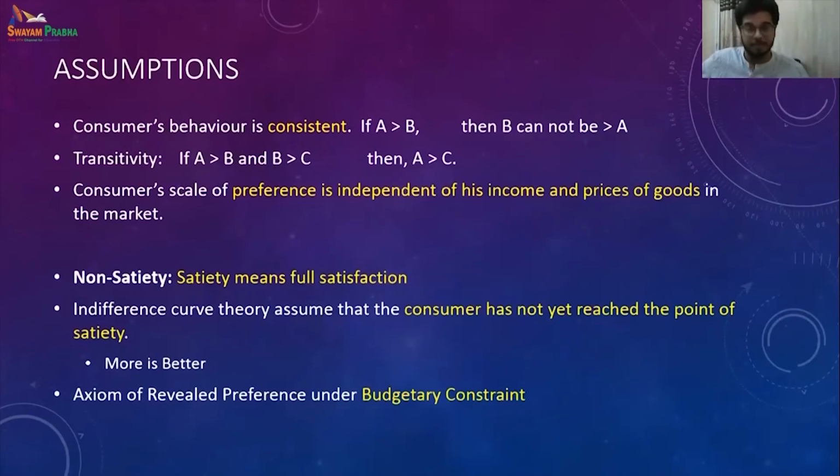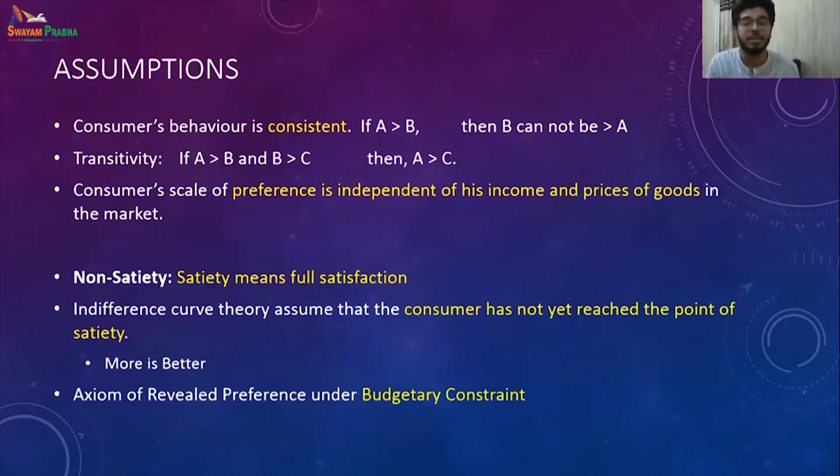Then for that person, B cannot be greater than A as long as they have stated that A is greater than B, and it remains constant. Because we assume that the person is sane, he has taken the best decision, understanding his knowledge, his ability, and it does not change very frequently. So for the time period of that analysis, he is consistent, and his preference for A is more than B, and it remains the same.